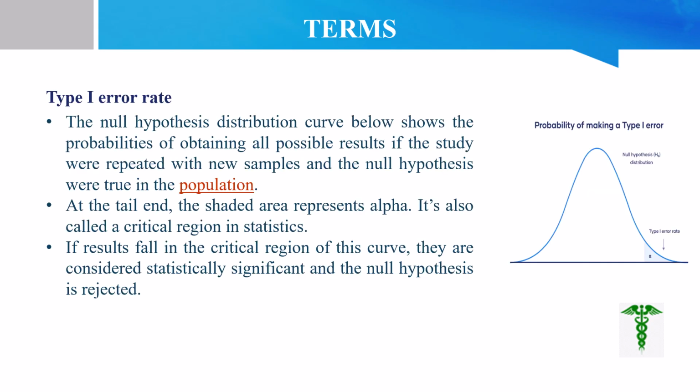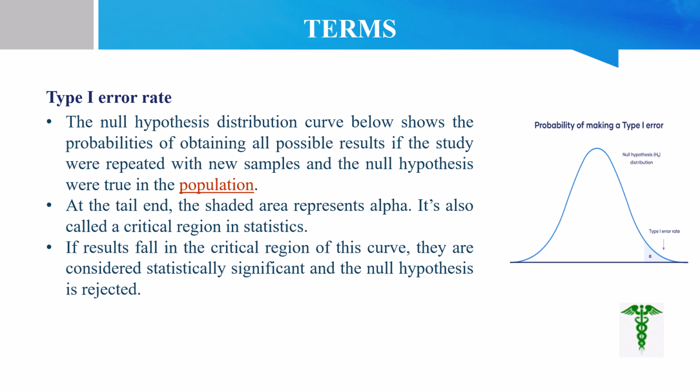Now we are going to discuss the type 1 error rate. We said it relates to the null hypothesis. The rate is shown on a distribution curve. We already discussed the normal distribution curve previously, and you can refer to that. The area under the curve shows the probability. In the null hypothesis distribution, the type 1 error is alpha.